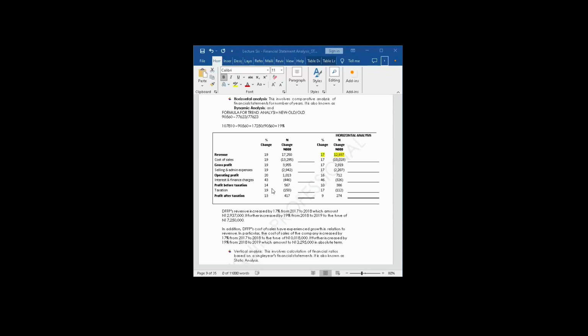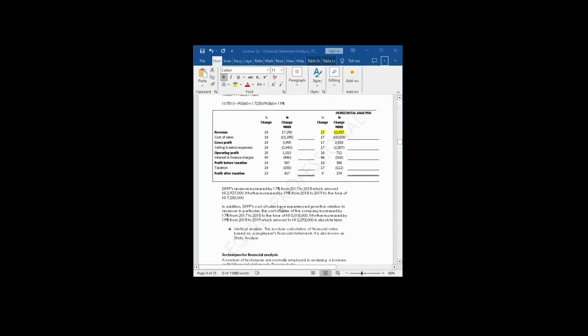So this is basically how to make sense out of the trend that you compute. This is how to make sense out of it. So I want to see you do it for gross profit.